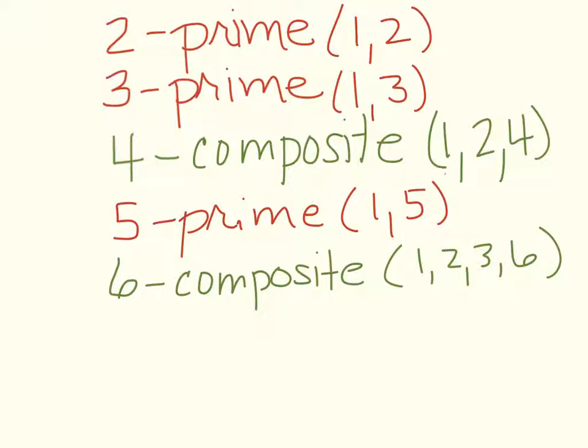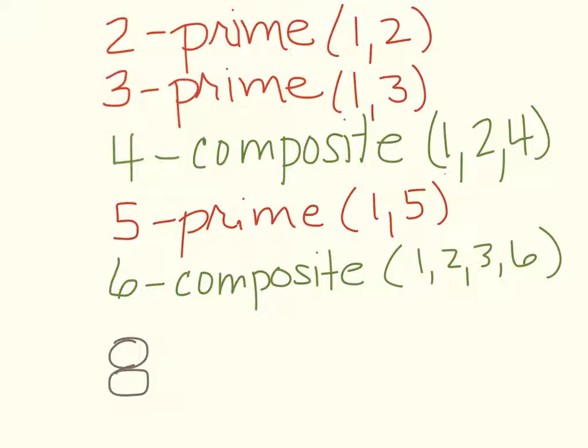Honestly, the minute you get your second factor, you're done. You don't have to, with primes and composites, list them all out. As soon as I say the number, if I can think of a factor that goes in there, I'm done. For example, if I say 8, well, I know 1 and 8. 2 goes into it evenly.